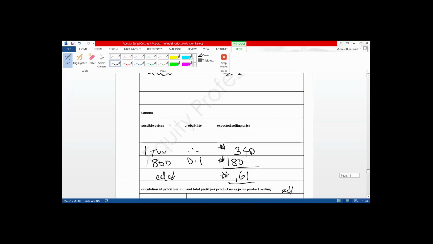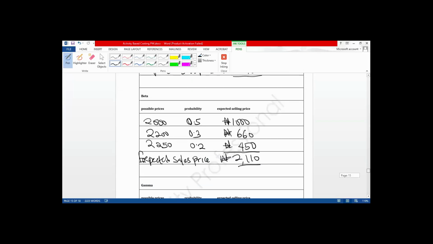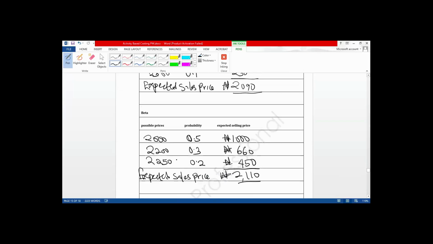We are not sure of the price: it could be 2,000 with probability 0.5, or 2,200 with probability 0.3, or 2,250 with probability 0.2. You multiply the possible price by the corresponding probability, and when you are done, you sum up what you have. That is how to calculate expected value.